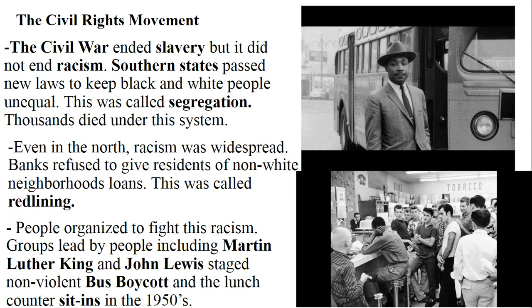They did this by refusing to follow the unfair rules and then showing the rest of the country how the power structure in the South reacted. And the power structure reacted with violence.